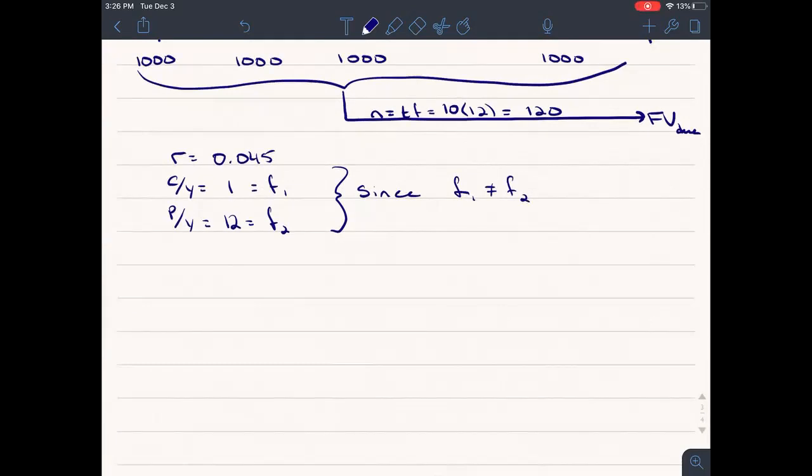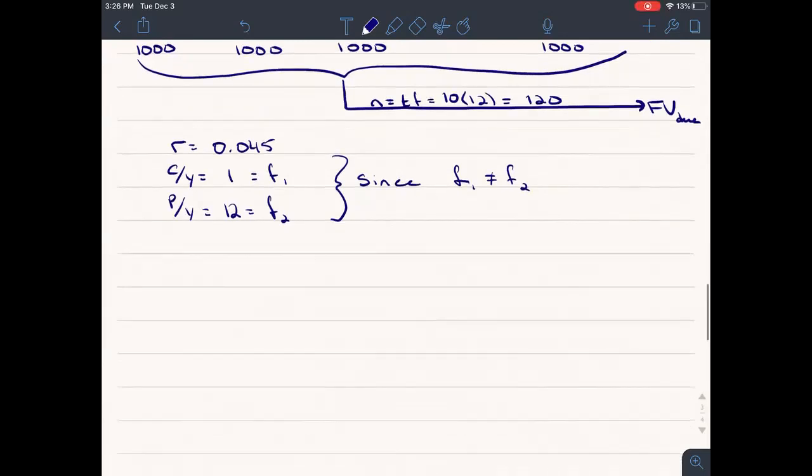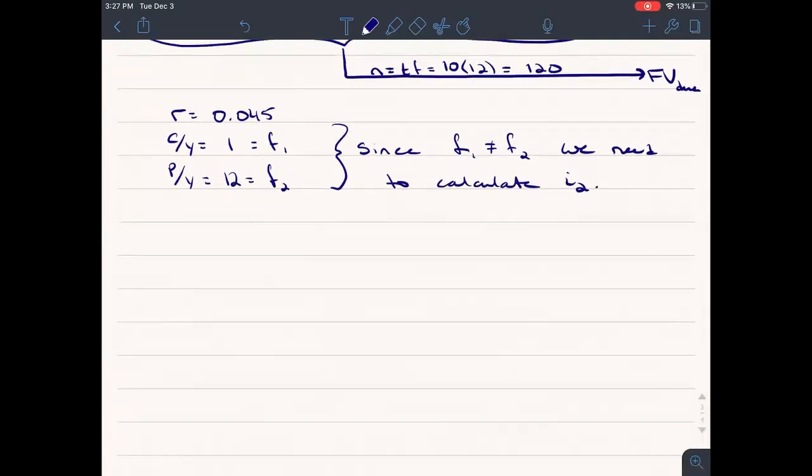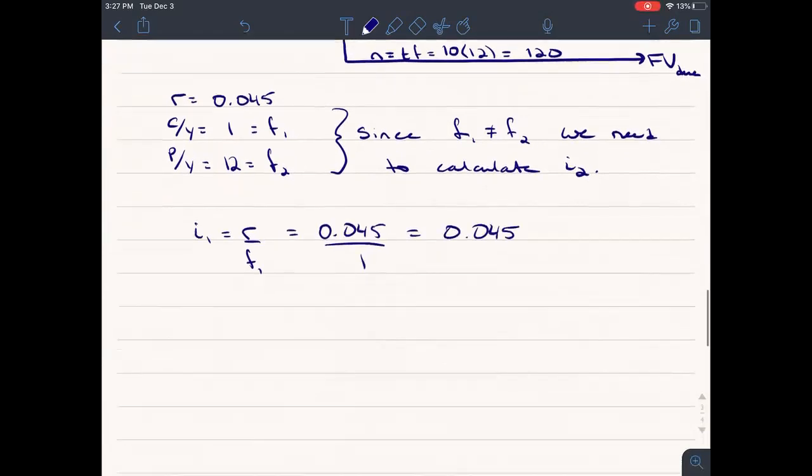and I was really impressed with you guys for having this under control. Since F1 does not equal F2, we need to calculate I2. So, which means we have to find I1. I1 is R over F1, 0.045 over 1, which we can all kind of handle, 0.045.